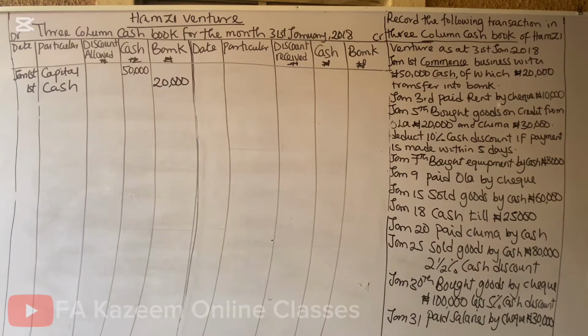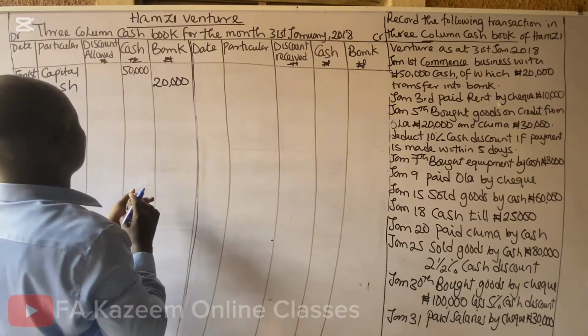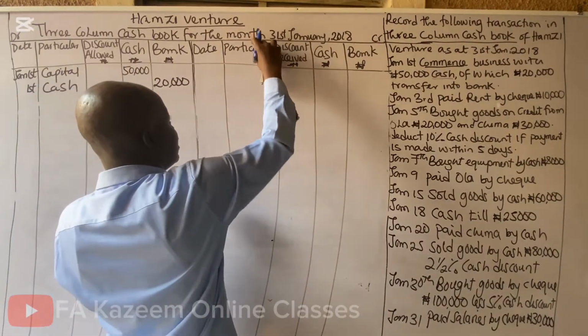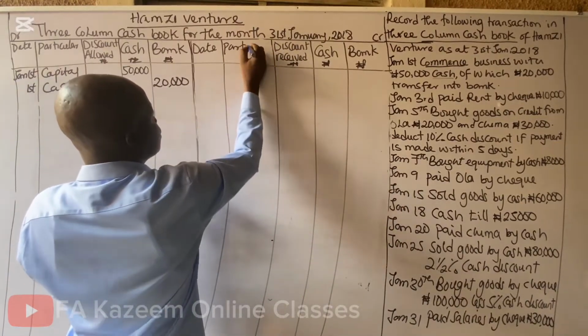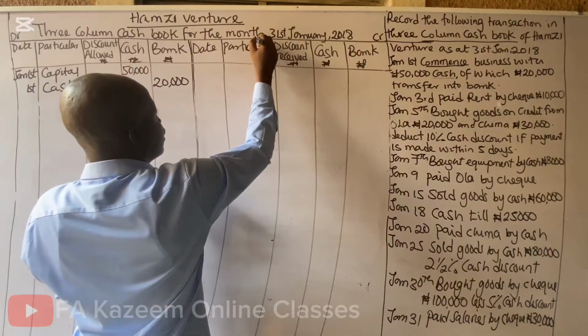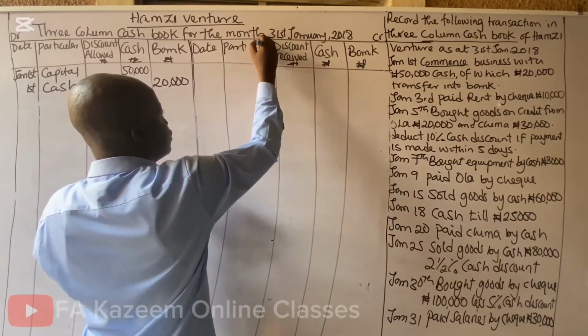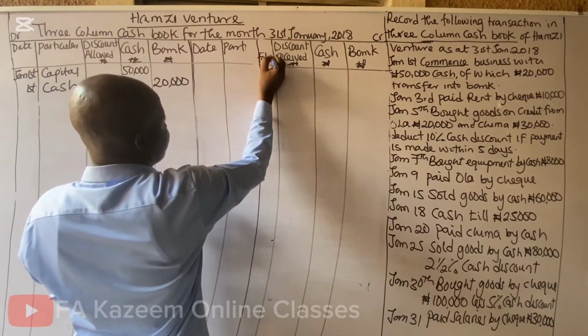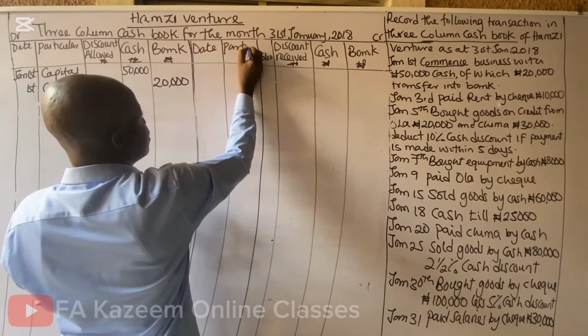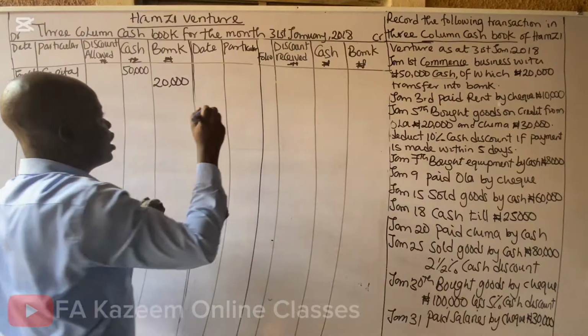That's the folio. The folio is missing in the format. I think I will need to include the folio column in the format. We have to include the folio column. Now this is a particular.